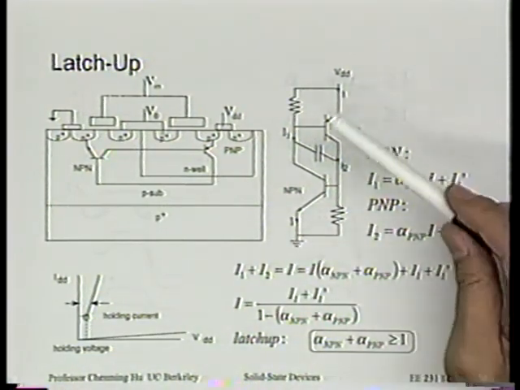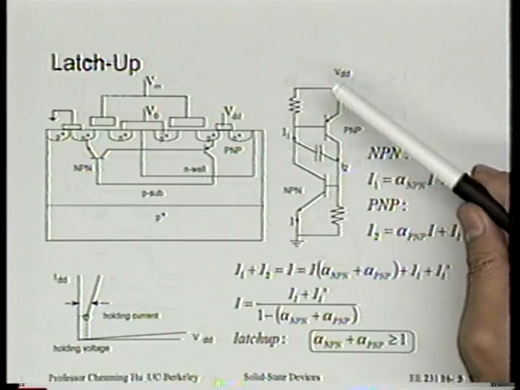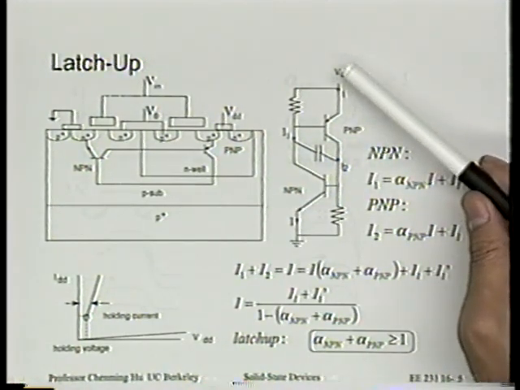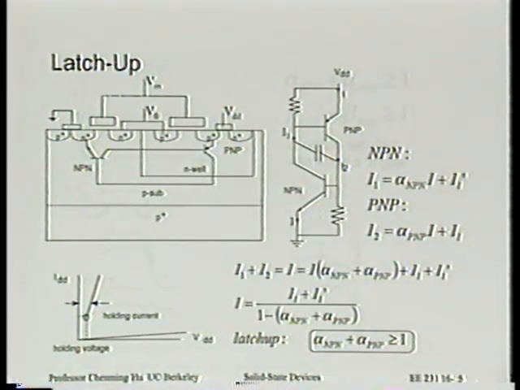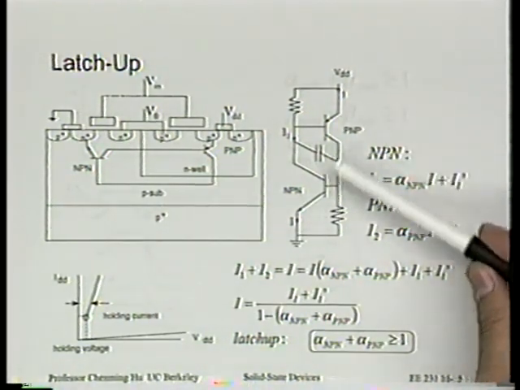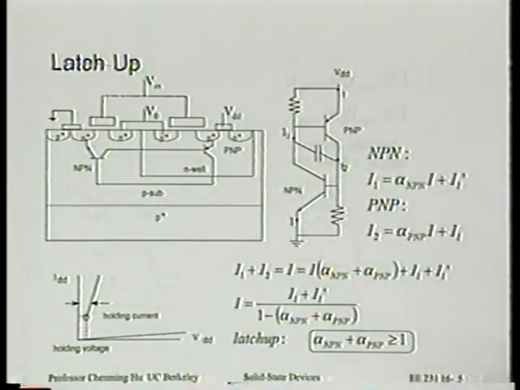It's as if the chip has become a short circuit between the VDD and the ground. All right, and usually so much current flows into this chip as a result of that large current flow that something in the chip actually blows up. Aluminum line melts, for example. So latchup usually is a destructive problem.